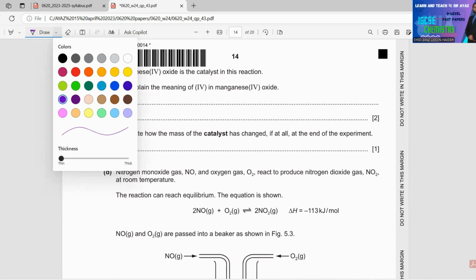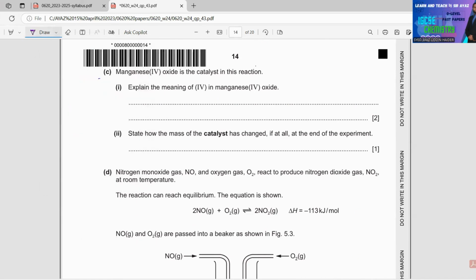Moving to next part. C. Manganese 4 oxide is the catalyst in this reaction. 1. Explain the meaning of 4 in manganese 4 oxide. This number 4 is the oxidation number of Mn.